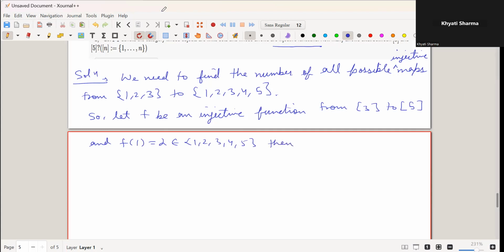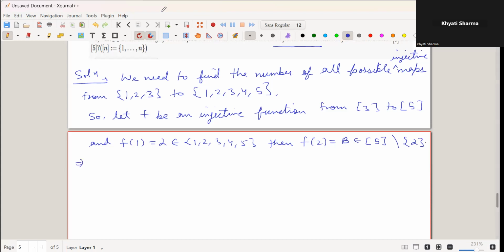Then f of 2 can be anything except alpha; f of 2 is equal to some beta which is not equal to alpha, or maybe beta which belongs to the set 5 minus this alpha.